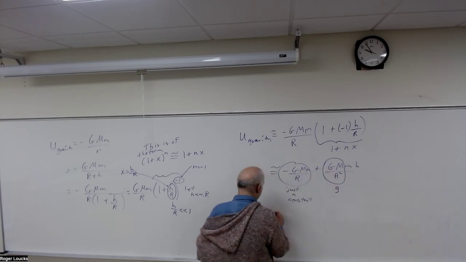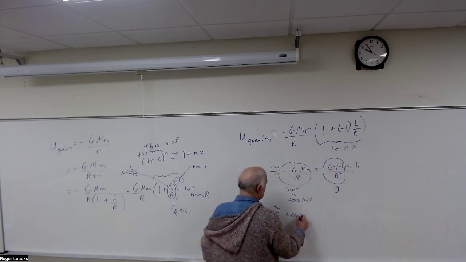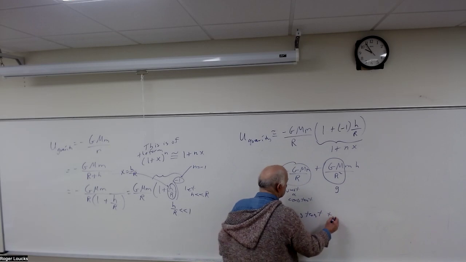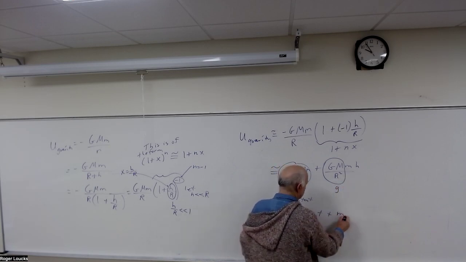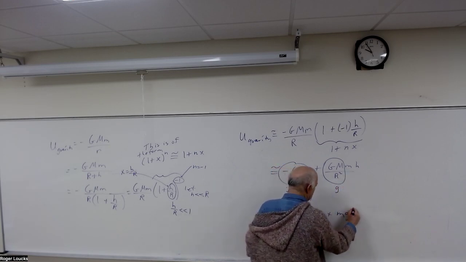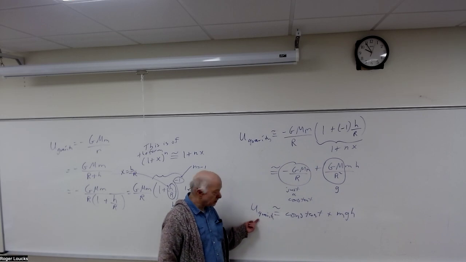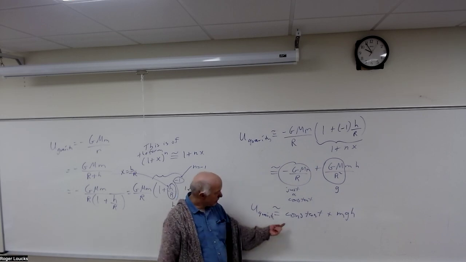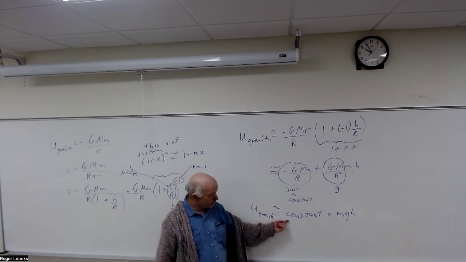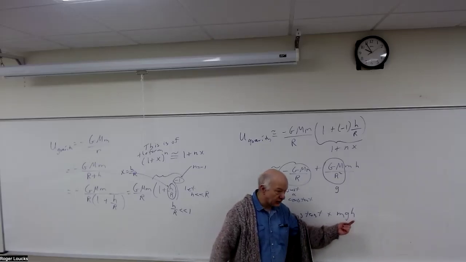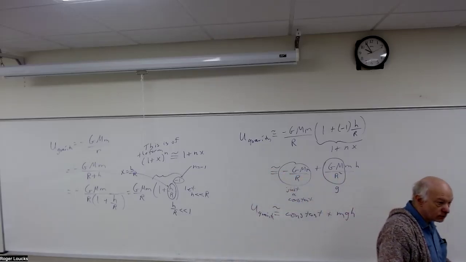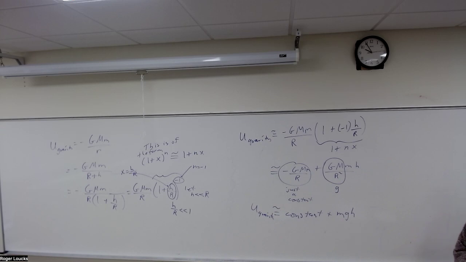So I have that this is equal to a constant plus m little g h. We always measure gravitational differences usually, so this constant has no effect on anything. But here's my buddy mgh, and that's the connection. That makes sense?